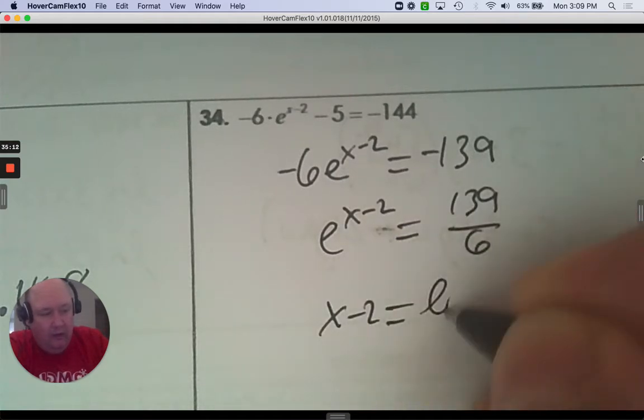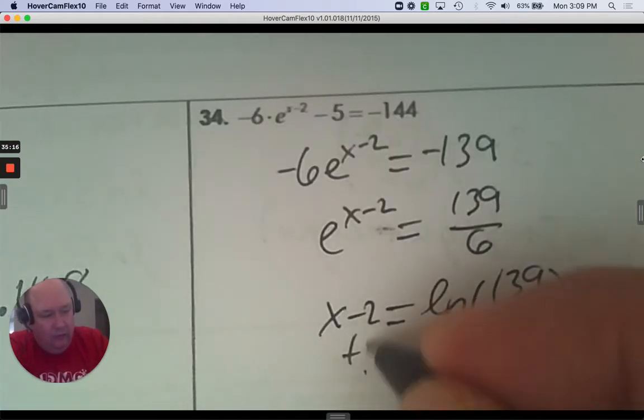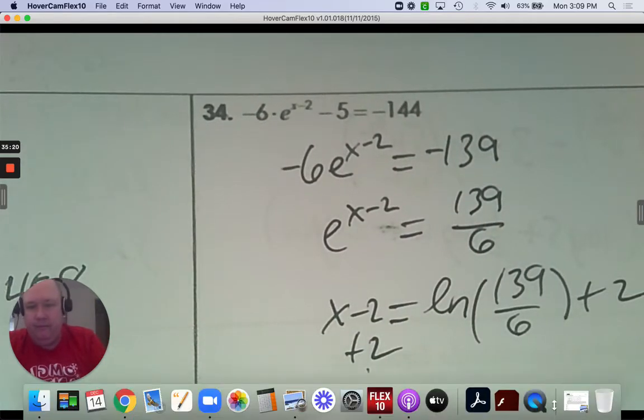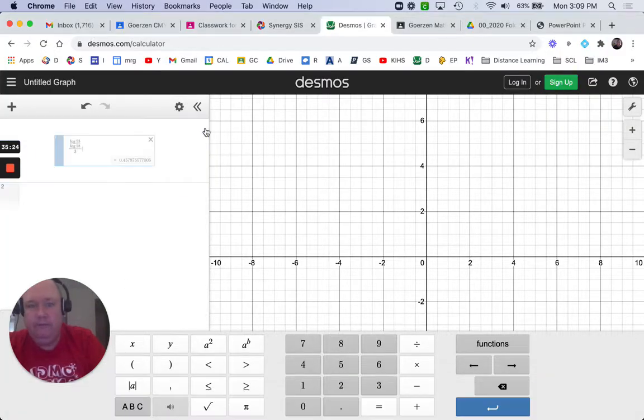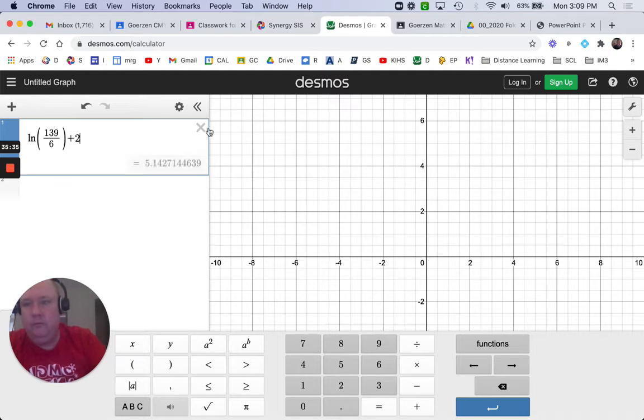Write it as a logarithm, and then finally add 2, and then use your calculator. That's 5.143.